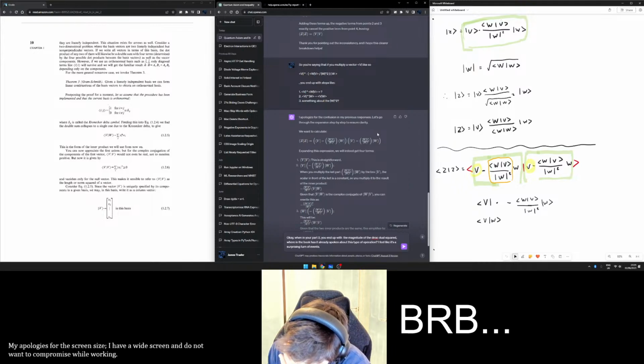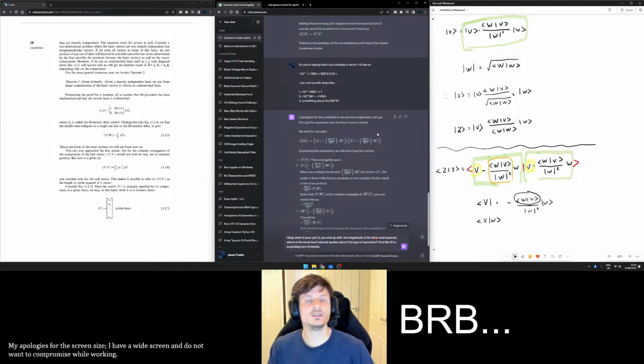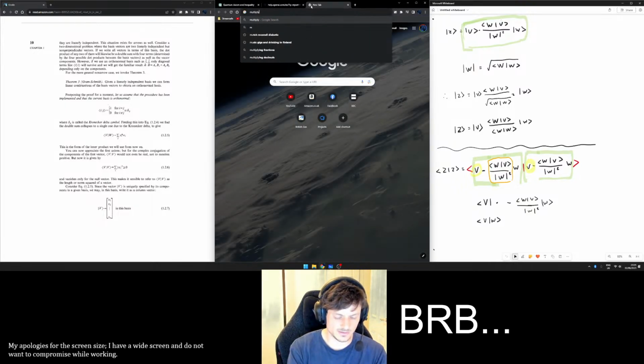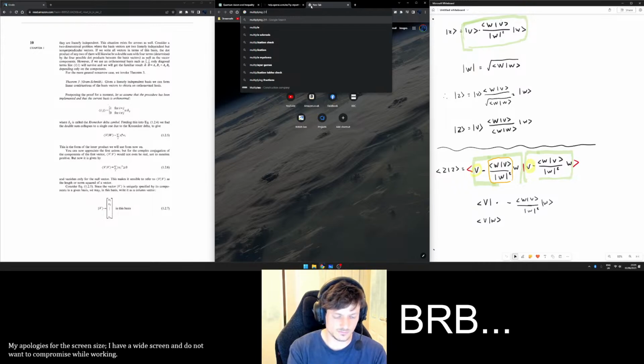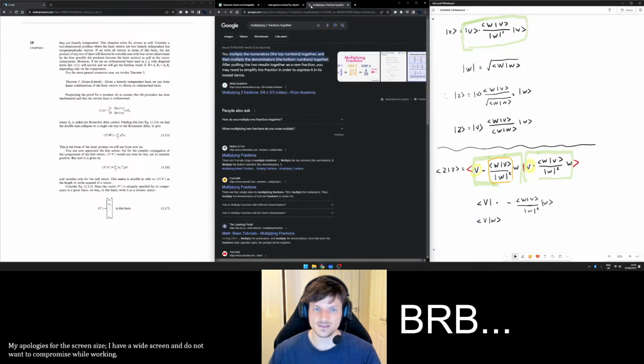This is clear, but it's not. Ah, I see. And then now you can multiply this by that. Ah, we do know this. When you multiply by a fraction, you multiply the top one. Let's just make sure of that. Multiplying two fractions together, you multiply the numerators, top numbers together, and then multiply the denominators together. After putting the two results together as a new fraction, you may need to simplify the fraction in order to express it in lower terms.